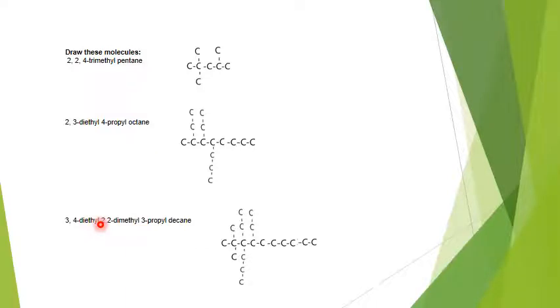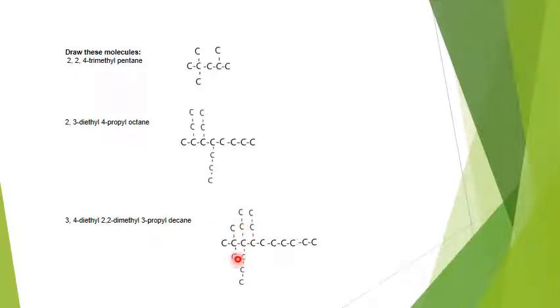Okay, and the last one is 3,4 diethyl 2,2 dimethyl 3 propyl decane. So here's decane. So 1, 2, 3, 4, 5, 6, 7, 8, 9, 10. Tells me I have 2 ethyls coming off 3 and 4. So 1 and 2, there's carbon 3 and 4. There's ethyls. There's 2 methyls coming off of number 2.